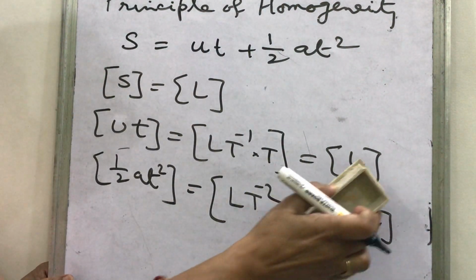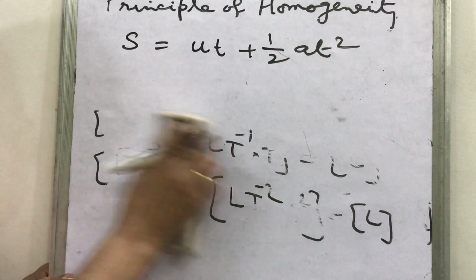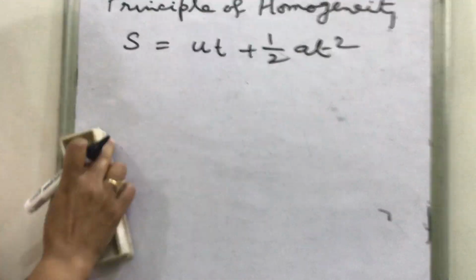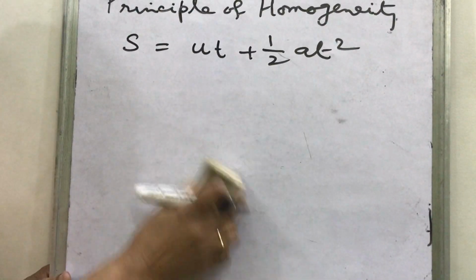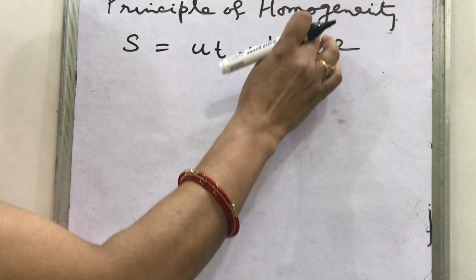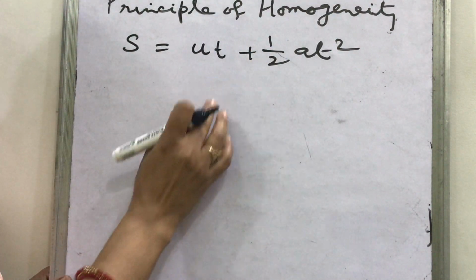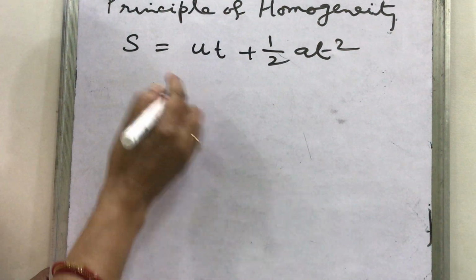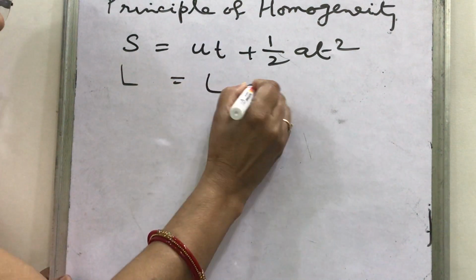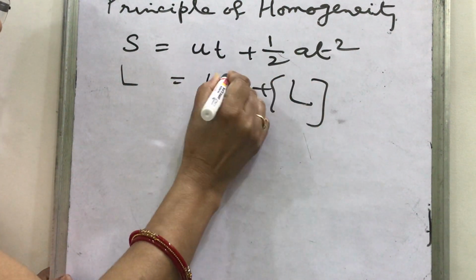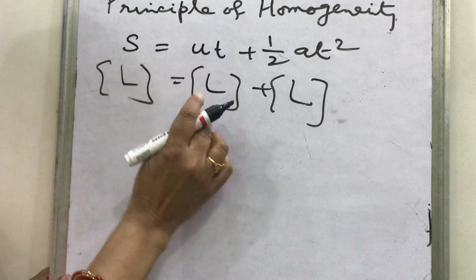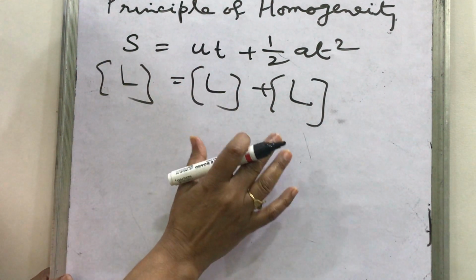How will you use this in dimensional analysis based on this principle? One question was asked: can you say, using dimensional analysis, that L equals L plus L? You will say yes, L equals L plus L. Some students begin to add and say this is 2L. It is not that.